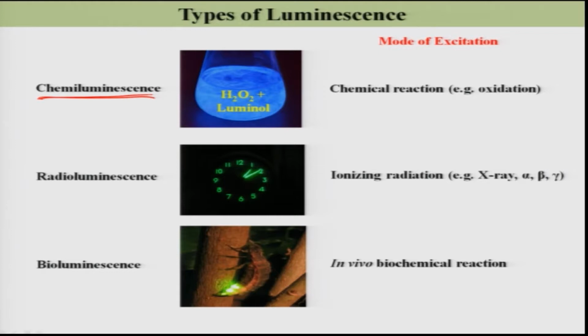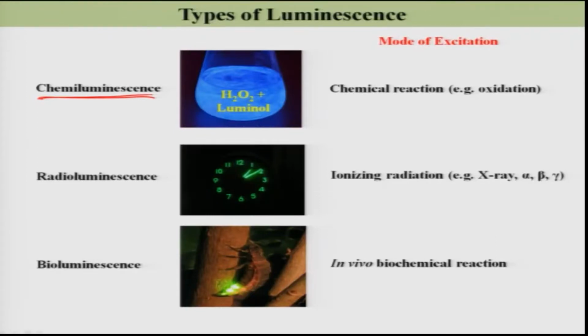As you have seen in glow sticks, where the stick is broken and it starts glowing, that is a chemical reaction which evolves light. The glow stick is now glowing, so you can see it in the dark. Different kinds of chemical reactions, like oxidation, may cause this light emission, and these are called chemiluminescence.